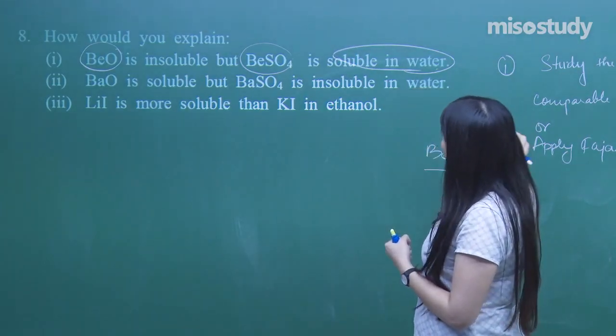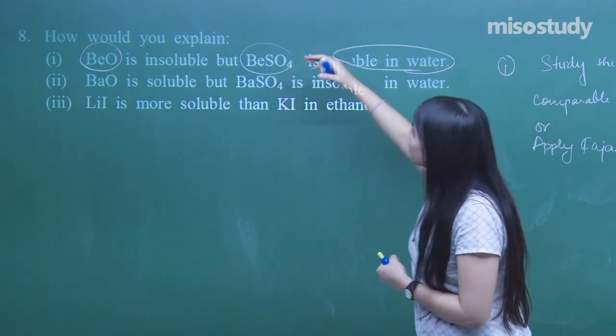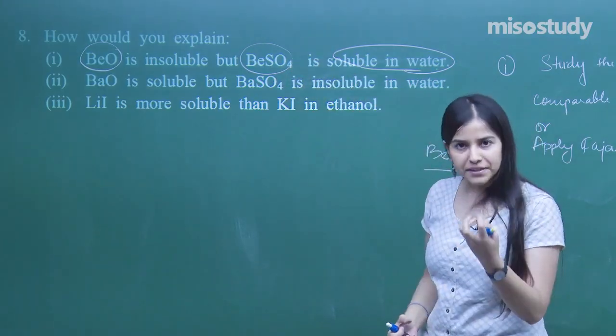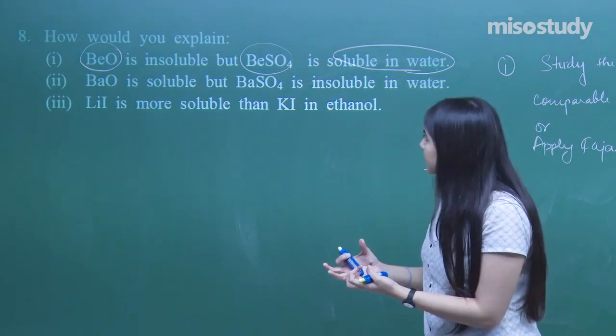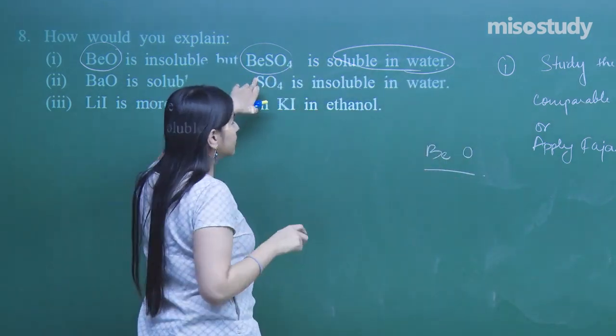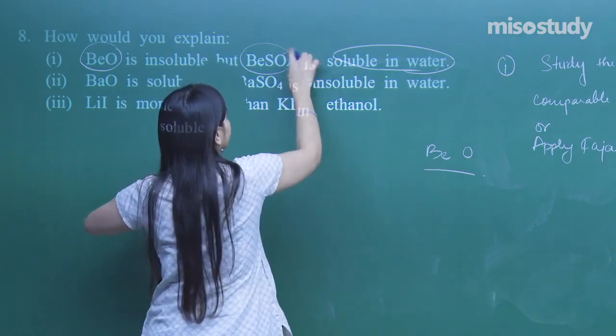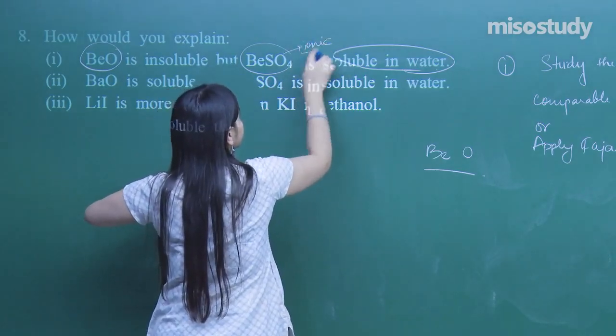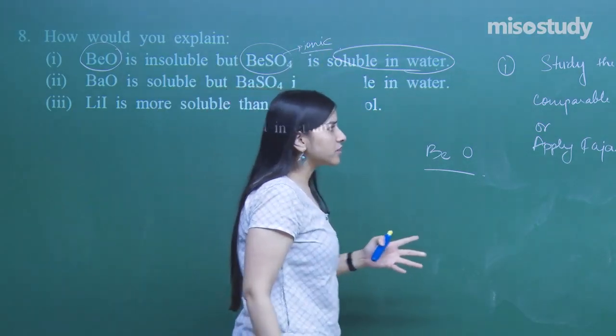Insoluble in water. But if I talk about BeSO4, Be is smaller in size, SO4 is bigger. What will happen? This is an ionic compound.